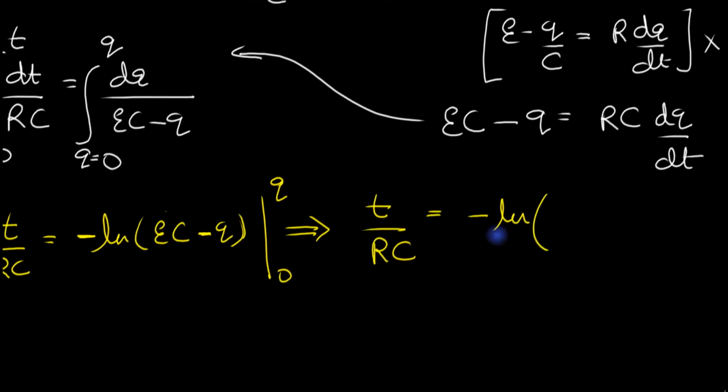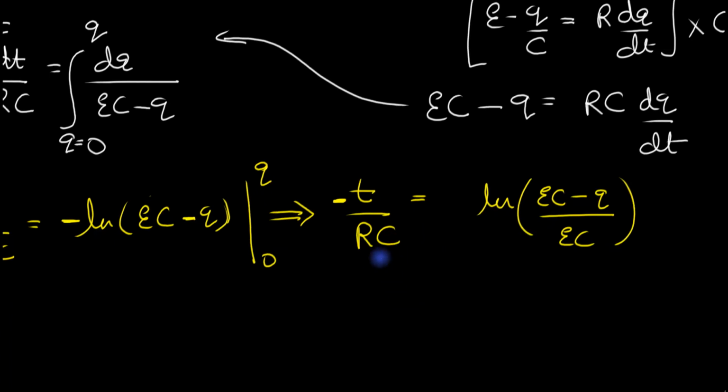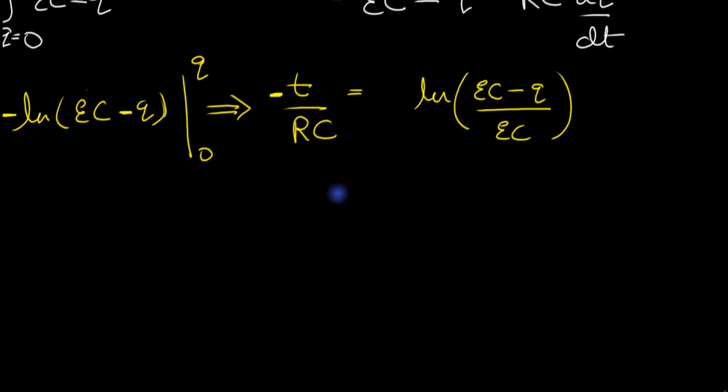Let me take that minus sign and throw it to the other side. That's better. You get EC minus Q when I substitute the upper limit, because that's just Q, and when I substitute the lower limit, I just substitute 0. Okay, I'm done with all the integration. Now it's just algebra.